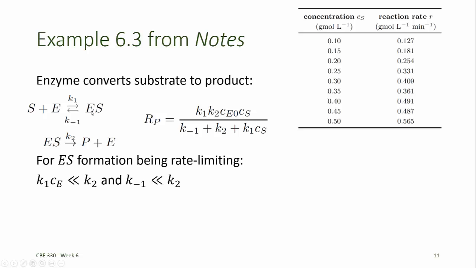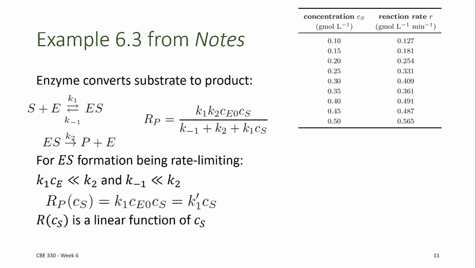If the enzyme-substrate complex formation is a rate-limiting step, that is, the rate coefficient K1 times the concentration of enzyme is much less than the rate coefficient K2, and the reverse reaction rate coefficient K minus 1 is much less than K2, then an approximate form of this rate law can be derived, which is pseudo first order in the substrate concentration C1.